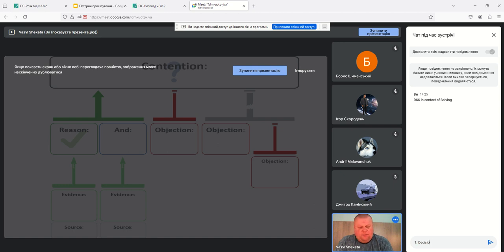The first one is decision making, and the second one is decision making support.